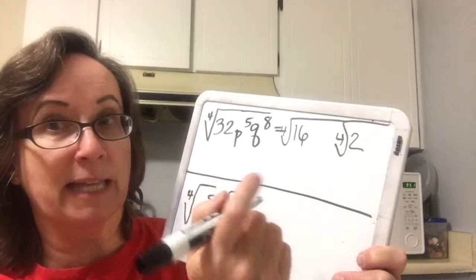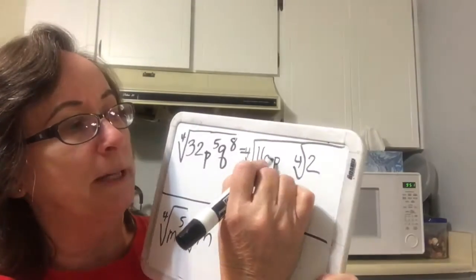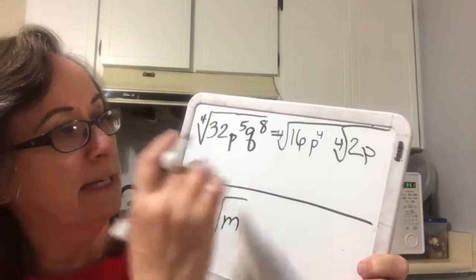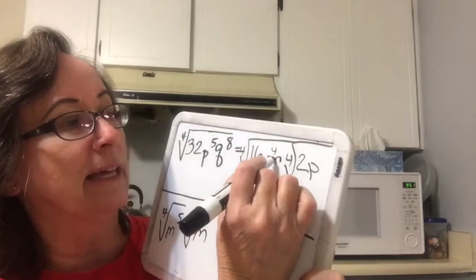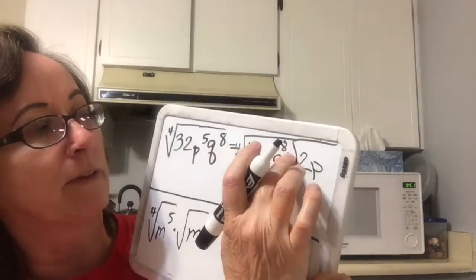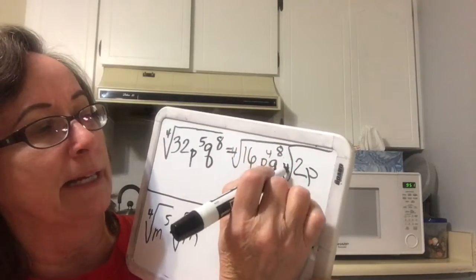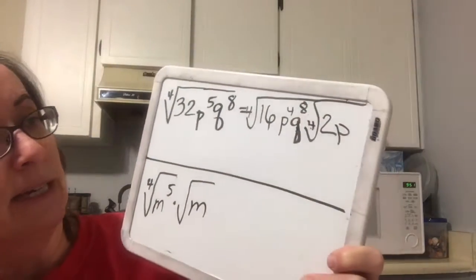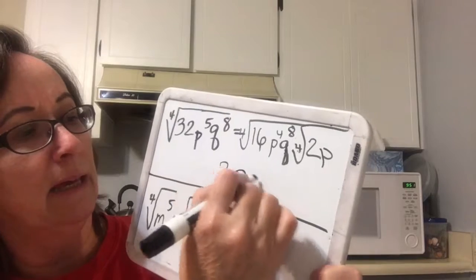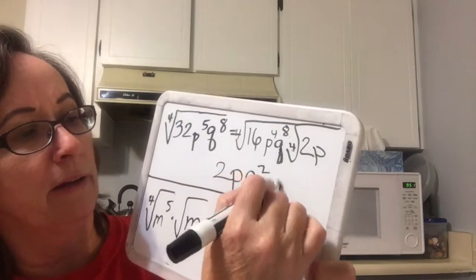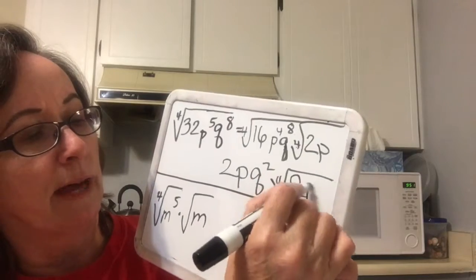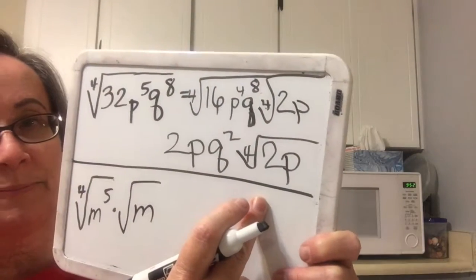P to the 5th has got a P to the 4th in it, so we'll put the P to the 4th and then the leftover P on the other side, and Q to the 8th is already perfect. Okay, this one is a little bit big. Let me make it tinier so you know it's an index. So now this is going to come out as 2pq squared and tack on the remainder radical right there.